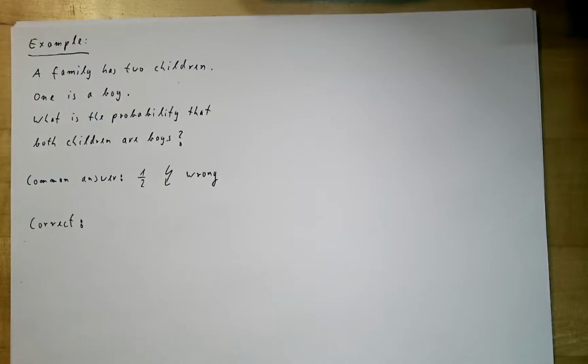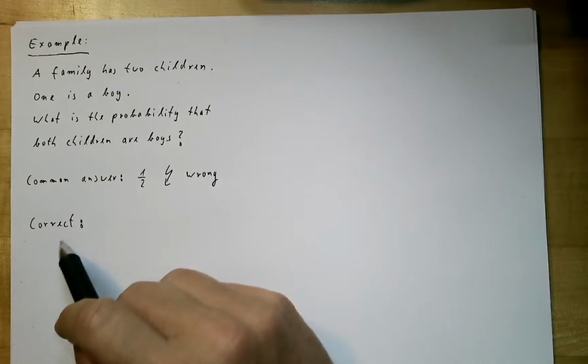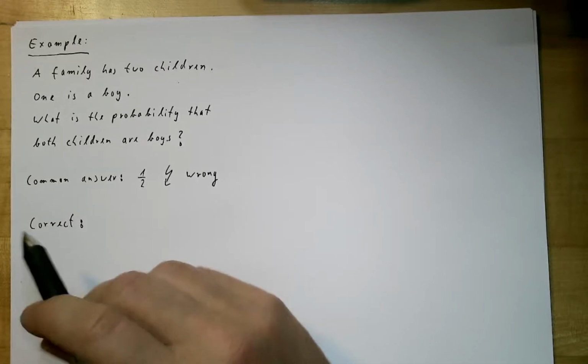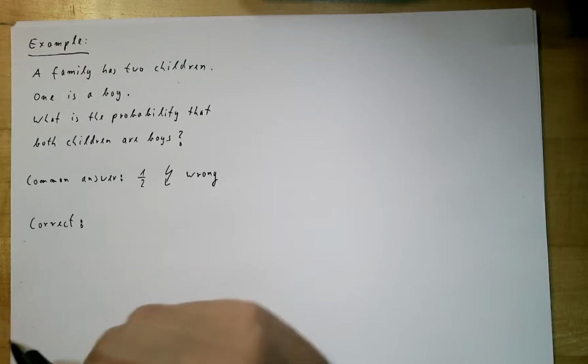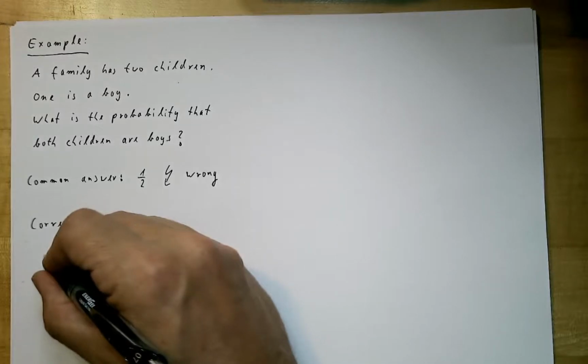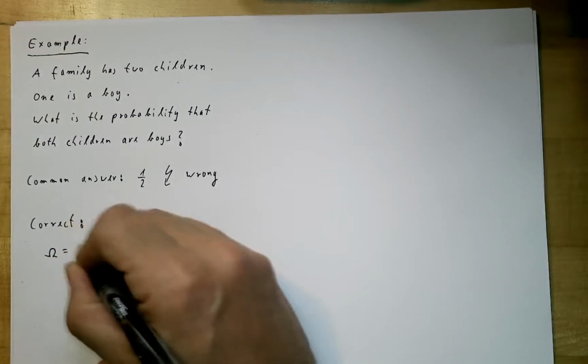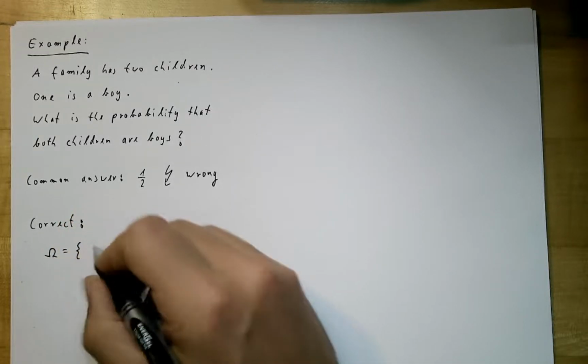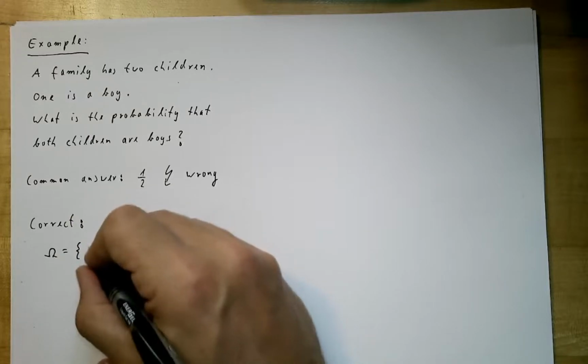And when we want to get the correct answer, as I told you, always try to make sure what the sample space is and what the events are that we're looking for. So what is the sample space? That's the set, and this is defined by the event.